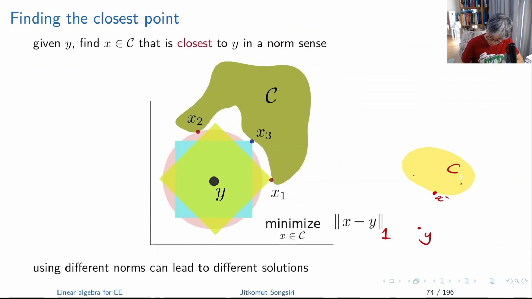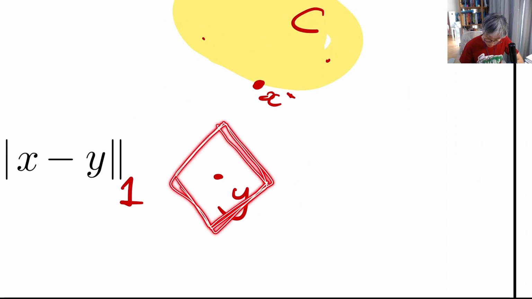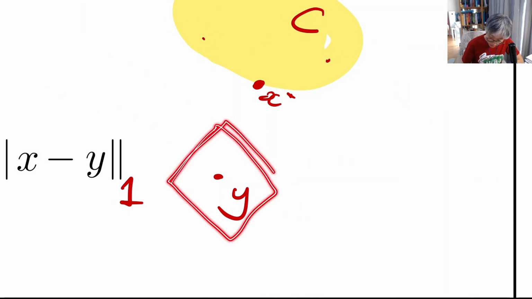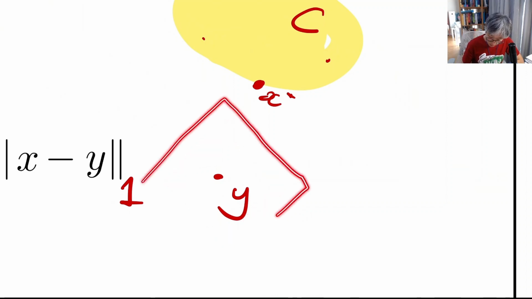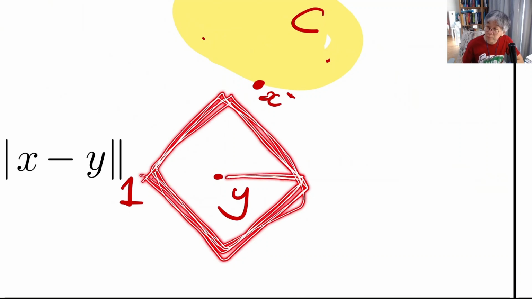Again, if I draw a unit norm ball with a center at Y, all the points on the diamond boundary are all the vectors that have the same one norm distance to Y. And if I enlarge this diamond, it is the set of vectors that have the same distance to y, but now the distance is this width, right?